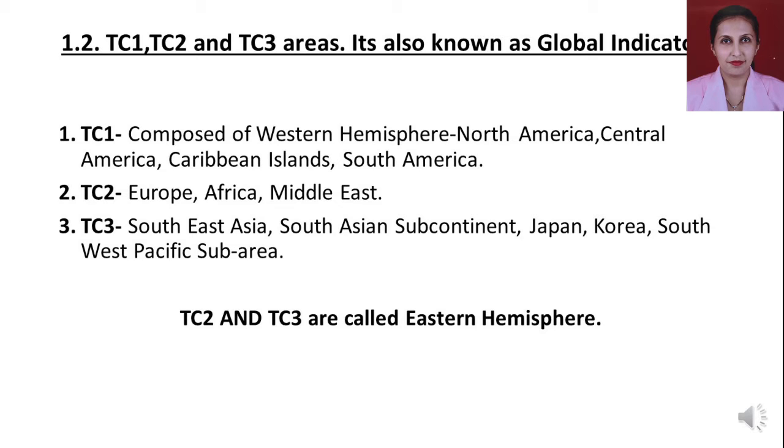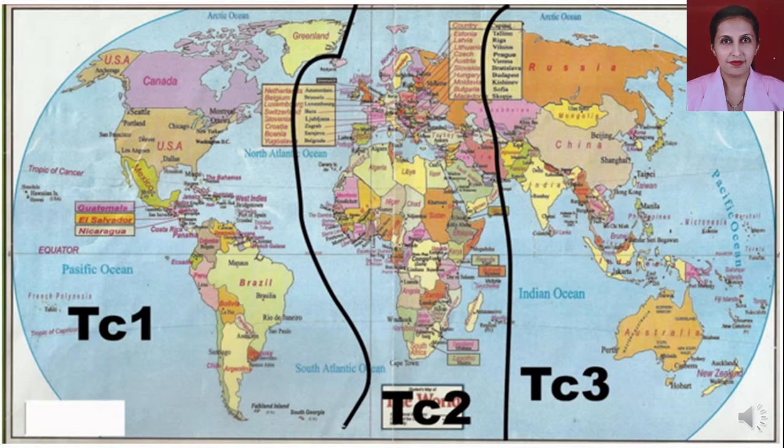What do we mean by TC1? TC1 is composed of the Western Hemisphere, that is North America, Central America, Caribbean islands, South America. So when we go to the map here, we see the whole of the American continent, and above that Canada, Greenland and all the adjacent islands come under TC1.